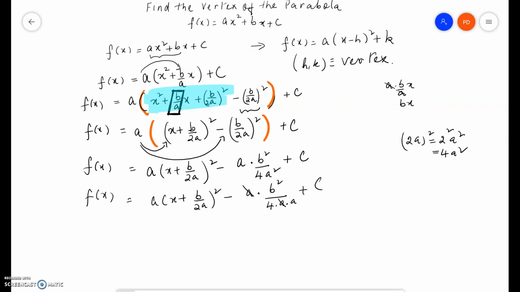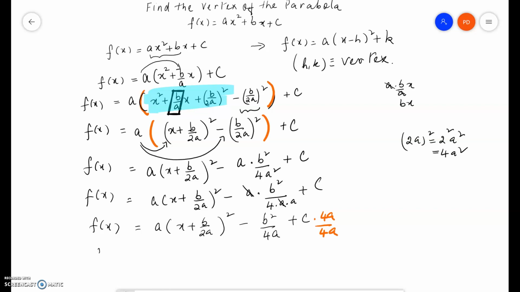We cancel the a's to get f of x equals a times x plus b over 2a the whole squared minus, and now 4a is the denominator, so we take a common denominator, so that's b squared over 4a plus c times 4a divided by 4a.